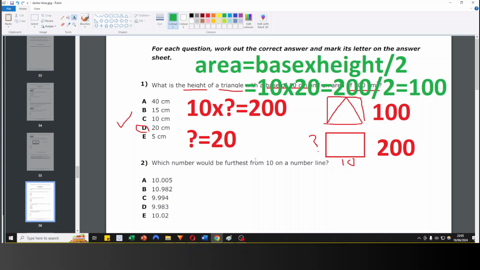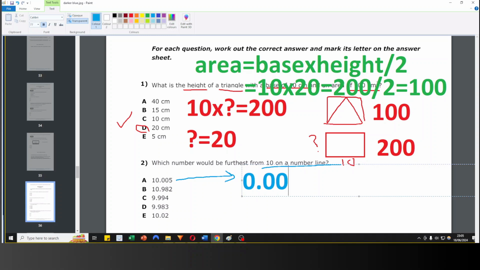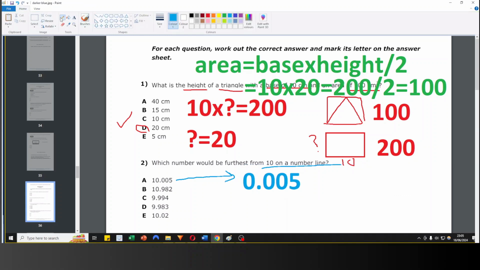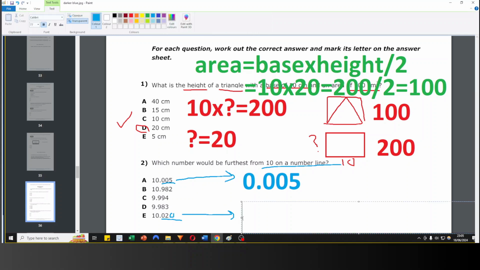Question 2. Which number is furthest from 10 on the number line? Underline the info here. Let's just compare two numbers at a time. If we look at A, that is 0.005 away. If we look at E, well, maybe we should make them all 3 decimal places. Now, it looks really good. That is 0.020 away.